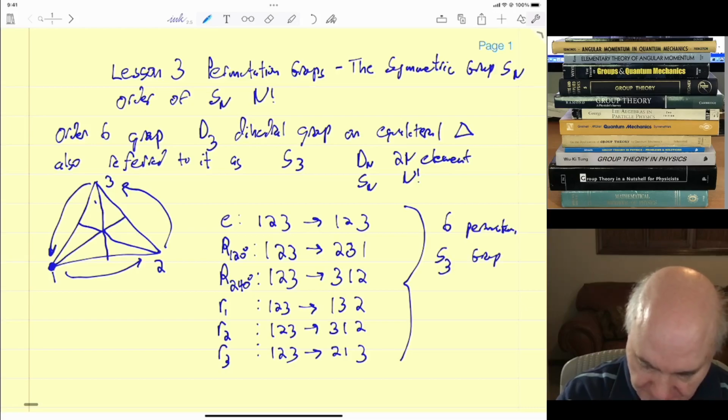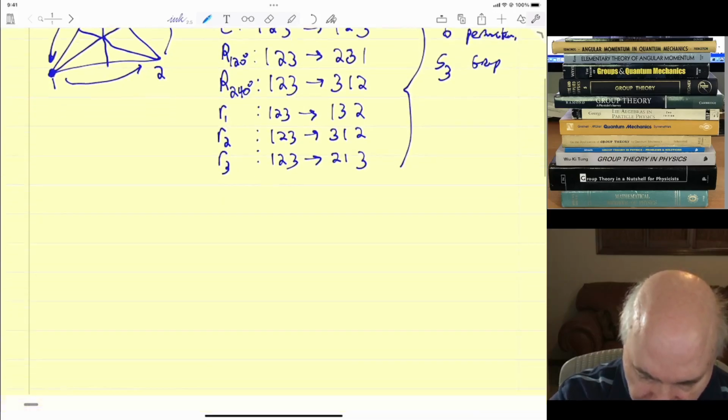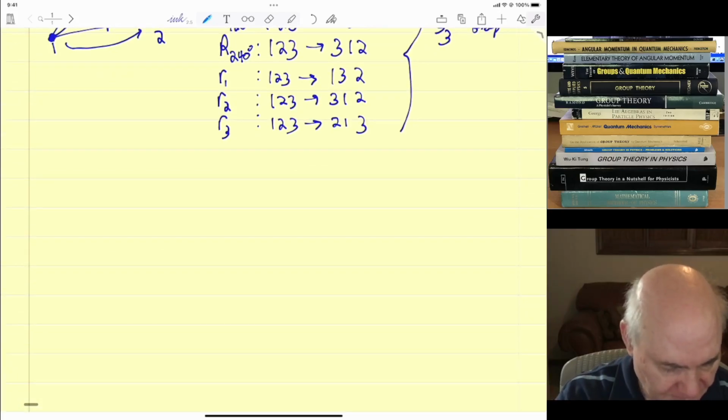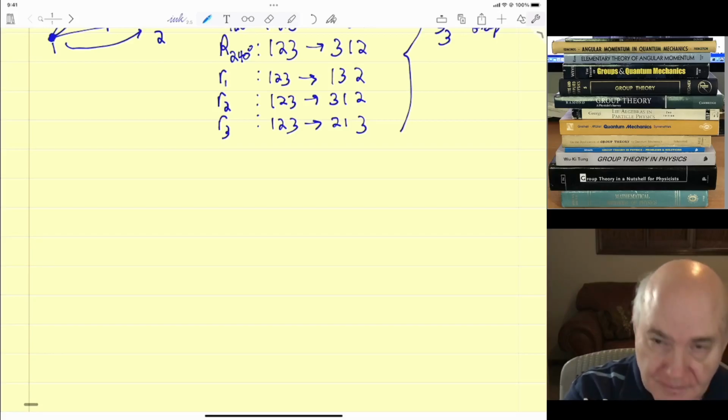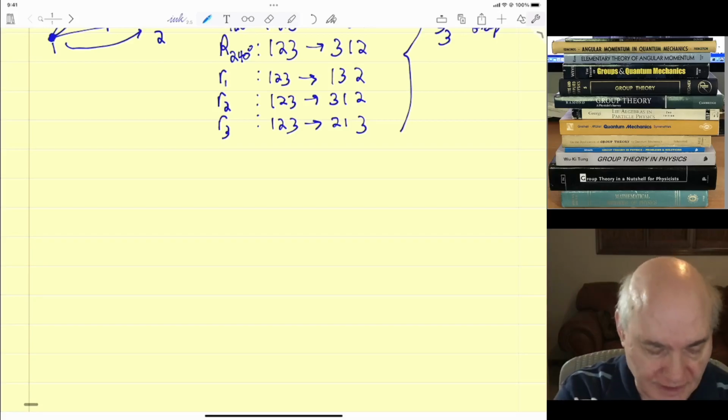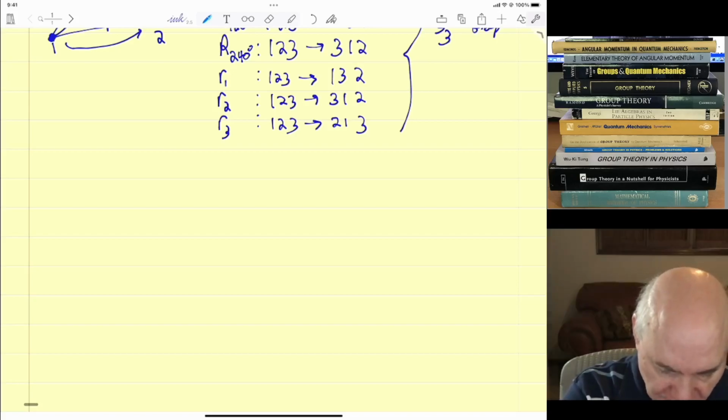Now, normally when we discuss permutations, if you look at any abstract algebra book or any math book or even the physics books, they usually start by doing it this way. You have 1, 2, 3.